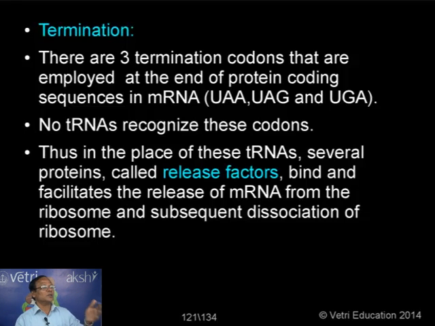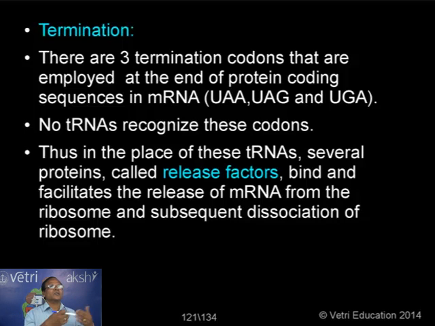These proteins are called releasing factors. These releasing factors bind in the places where the tRNA can normally be accommodated and facilitate the release of the mRNA from the ribosome and also the dissociation of the ribosome subsequently.